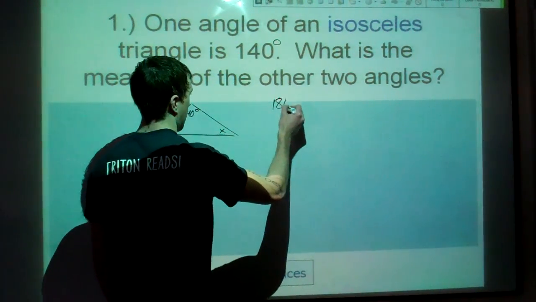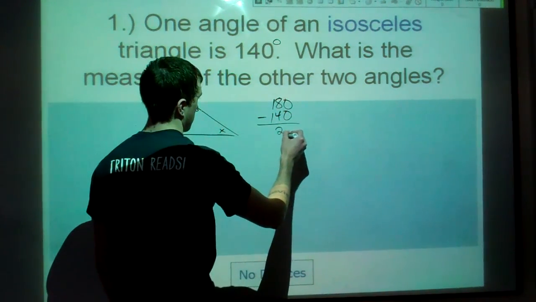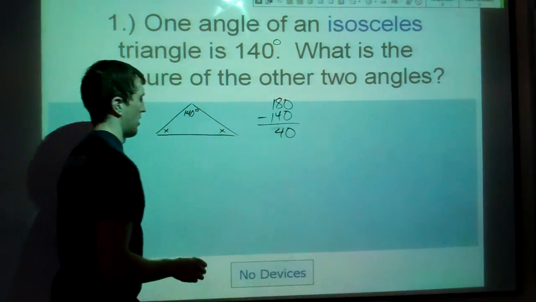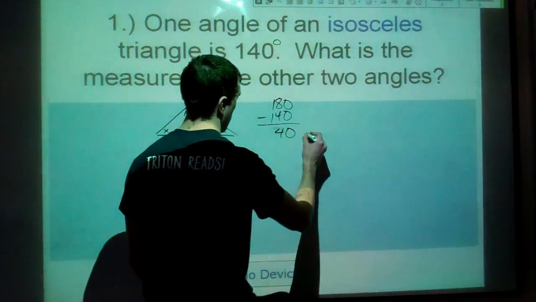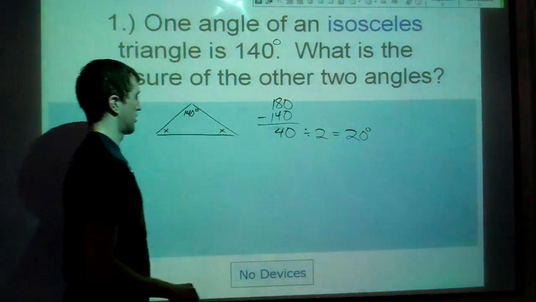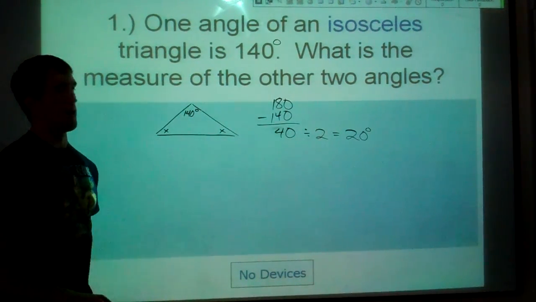So let's do 180 minus 140, and we get 40. But since these two have to be the same angle, we divide this by 2, and we get 20 degrees. So 20 plus 20 is 40, plus 140 is 180.